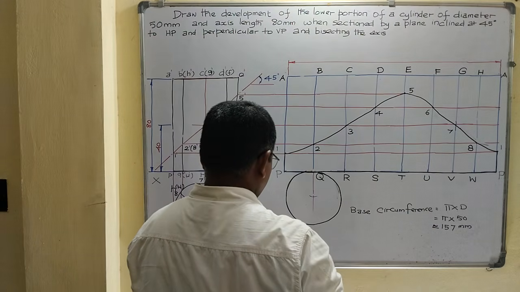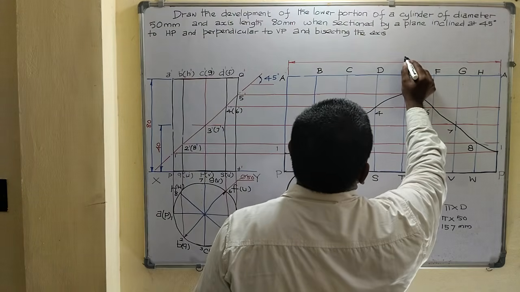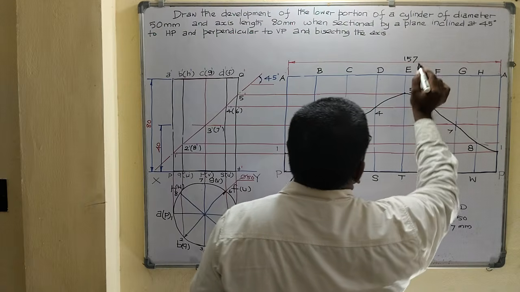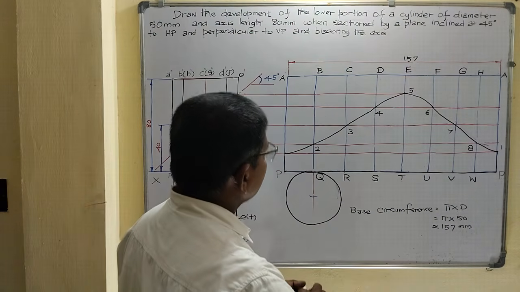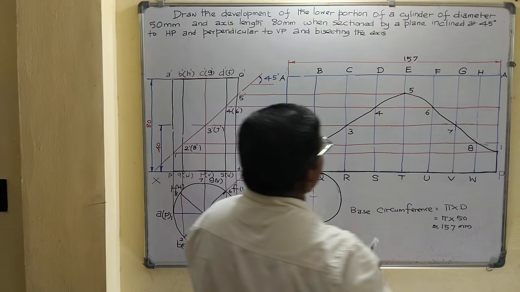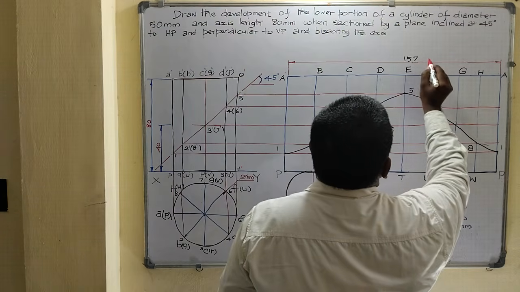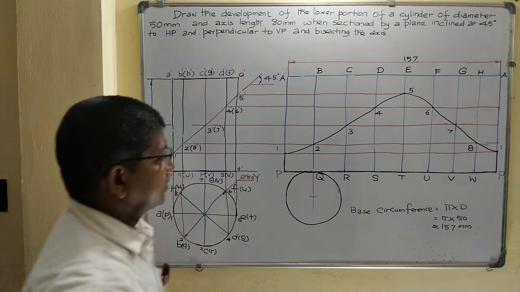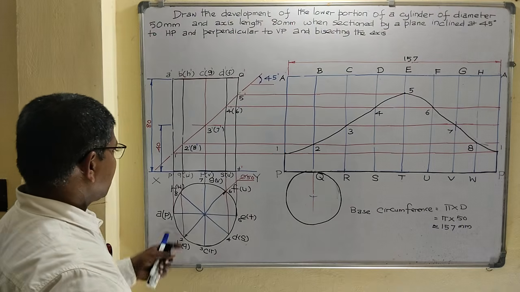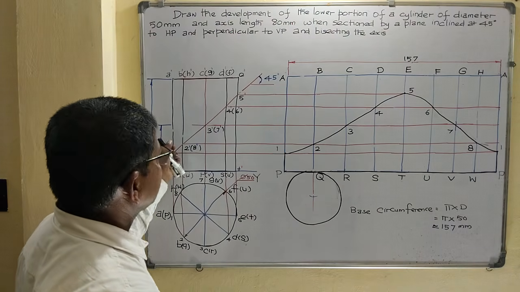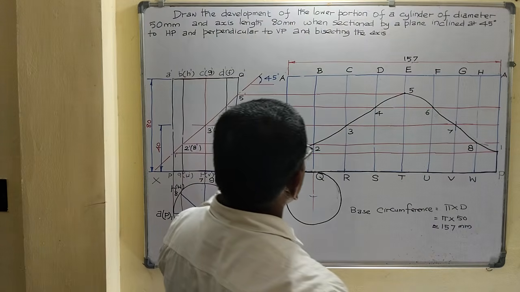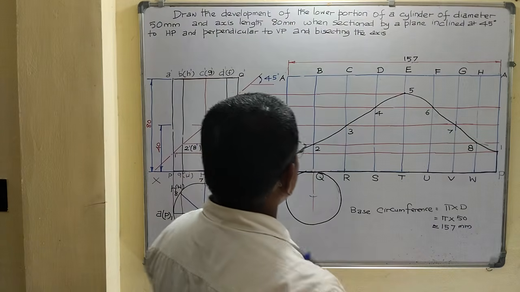Check whether all the dimensions are marked: given diameter 50, axis length 80 mm, base circumference 157. That's all.